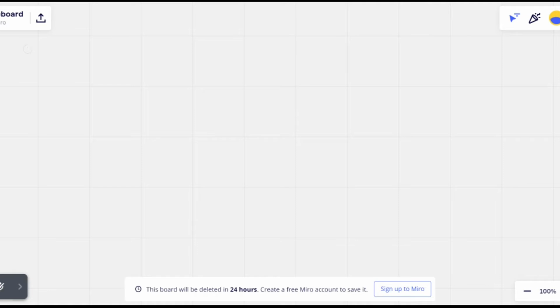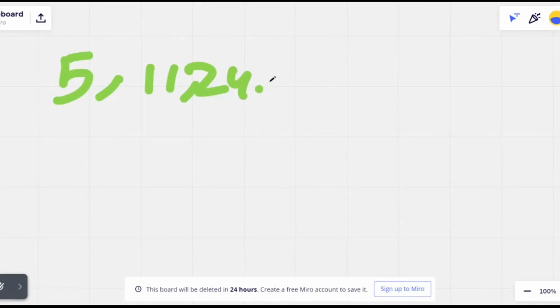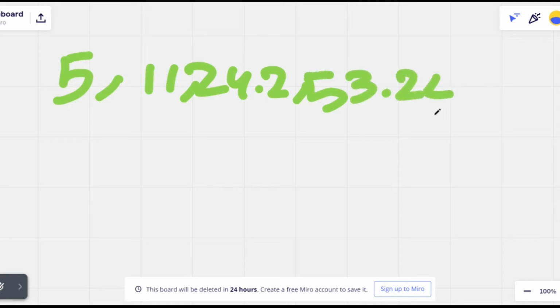The question is very simple, but you need to answer carefully. The numbers are 5, then the next number is 11, the next is 24.2, and the next is 53.24.